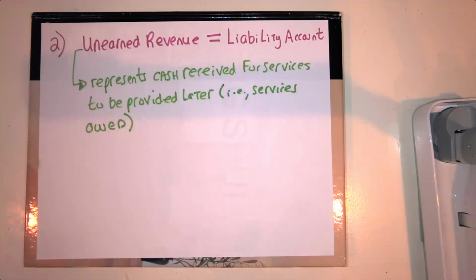The reason we need an adjusting entry is that by December 31st, 2027, we have done some of the work. We have provided some of these services to this customer, and we need an adjusting entry to reflect that the fact that some of the services have been performed and thus are no longer owed to that customer.